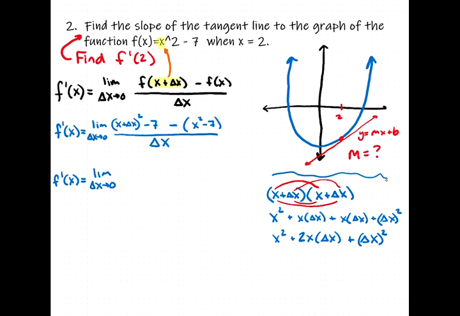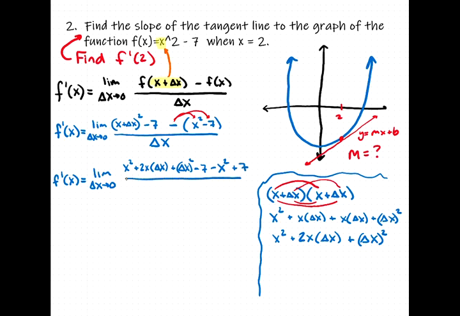Okay, so this is a little side work here. So we have x squared plus 2x times delta x plus delta x squared, and then we have our minus 7. And then we're subtracting the original function, so minus the x squared and minus the minus 7. So we'll have a minus x squared, and 2 minuses make a plus, so we have a plus 7, all over delta x.